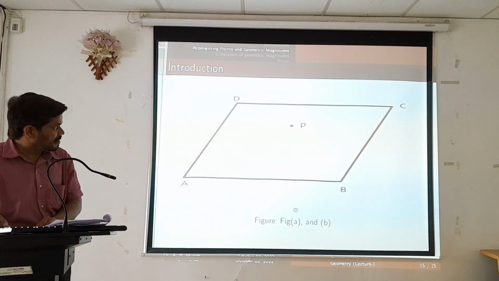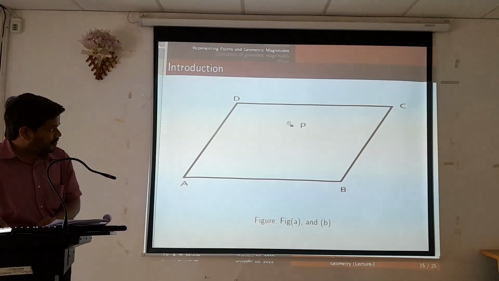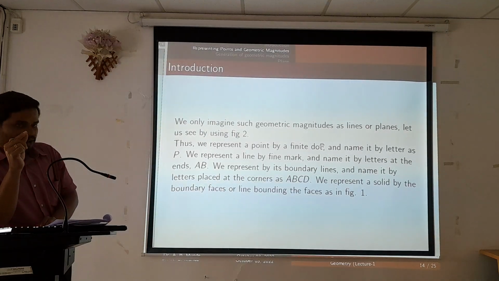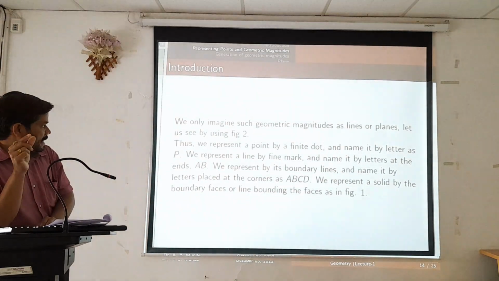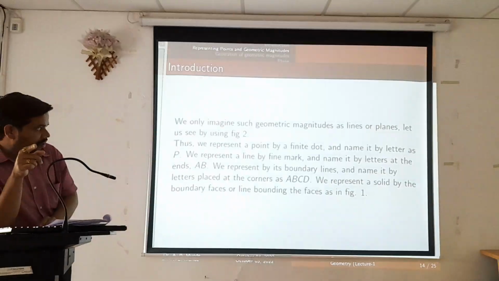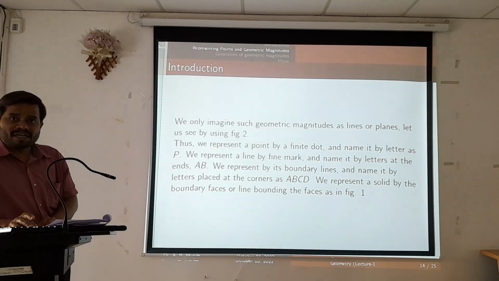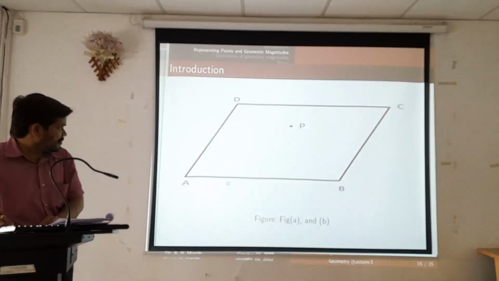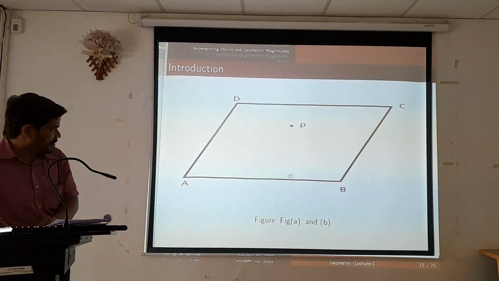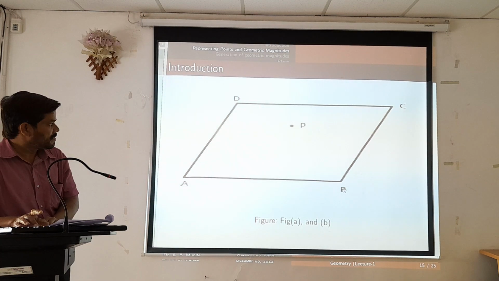So if you see here the figure, this is the dot. We can call it a capital P, means we denote it by a letter, capital P. We represent a line by a finite mark and name it by a letter at each end of that line, and it is AB. So look at here on this figure, this is the line AB. We can denote it by the notation AB.